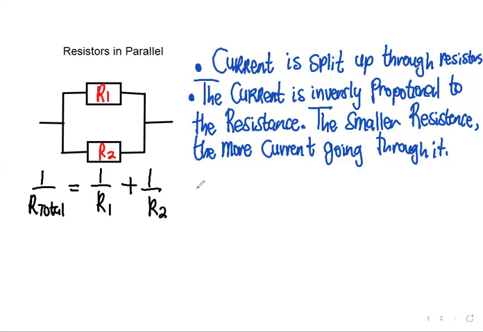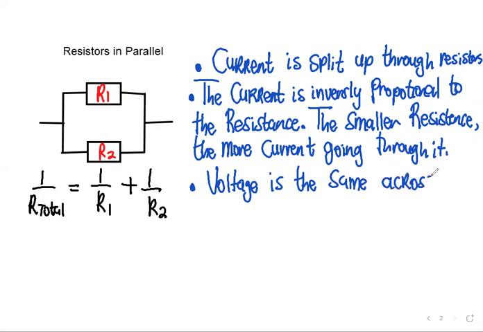Then our third point is that voltage is the same across each resistor in the parallel combination.